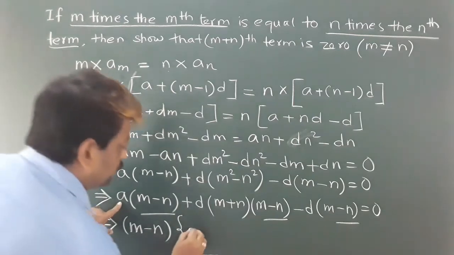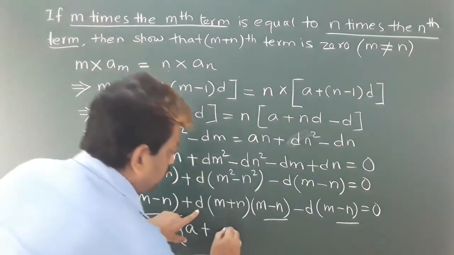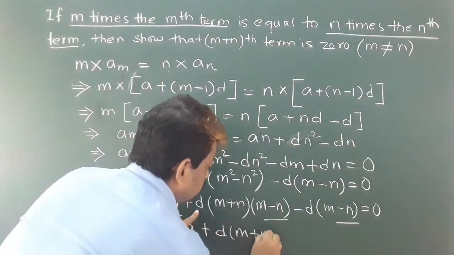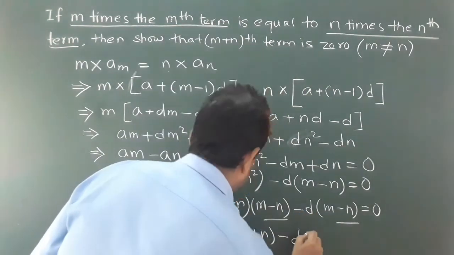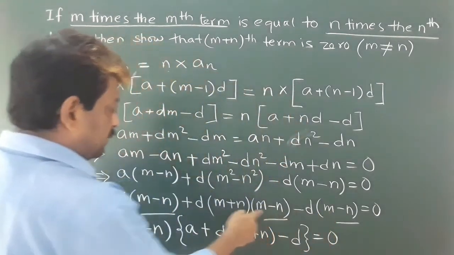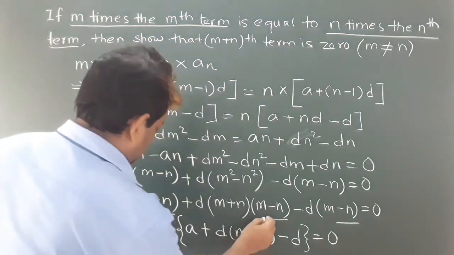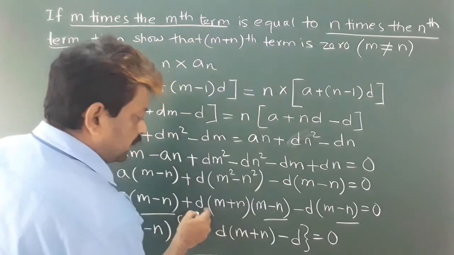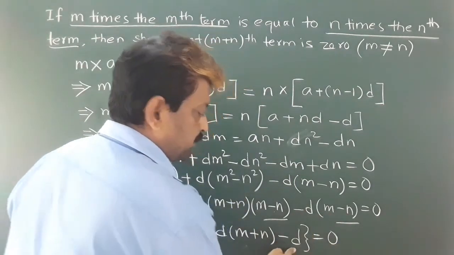So from here it will be a, from here it will be d(m plus n), and from here it will be minus d only. I have taken m minus n common from all the terms. So from here it is a, from this term m minus n is taken common, so it will be d(m plus n), and here m minus n is taken common, so minus d will remain here.